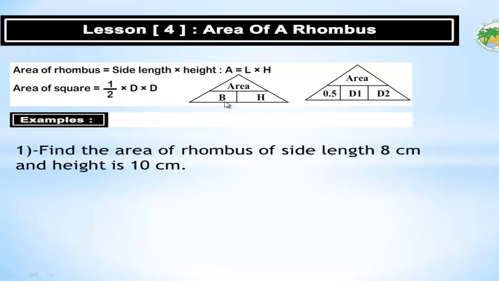Then we use the first rule, length times height, or base times height, the same. The side length was 8 centimeters and the height was 10 centimeters, so 8 times 10 equals what? 80 centimeters squared.